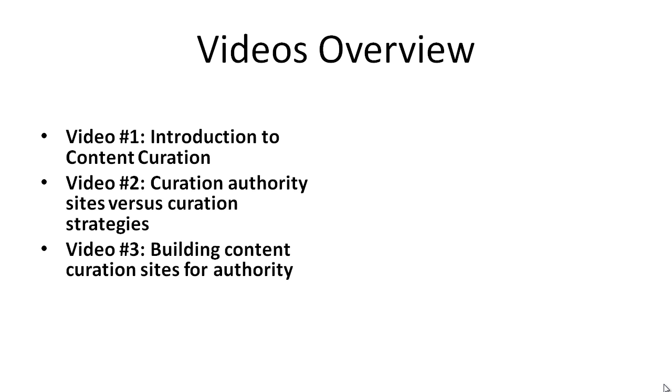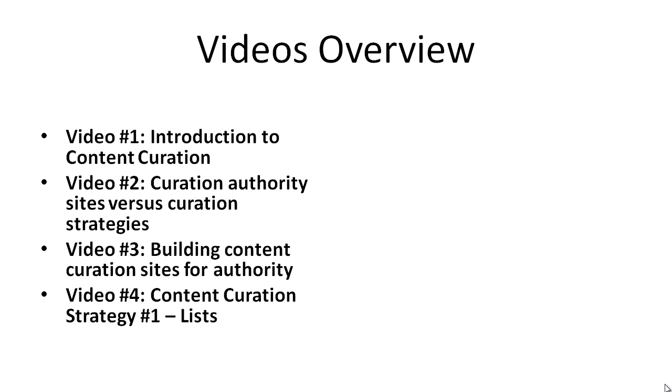So video number 3, we're going to talk about building content curation sites for authority. I'm not going to be diving in too much, but I will give you a brief overview of what softwares we suggest that you use if you want to go down this route and what you will need to do to achieve that. But we're going to focus mainly on the strategies, because this is really about helping you get results immediately.